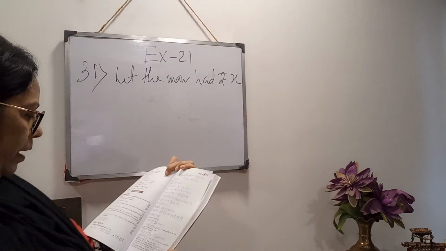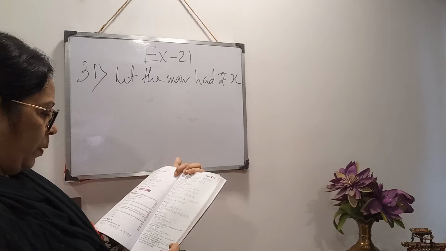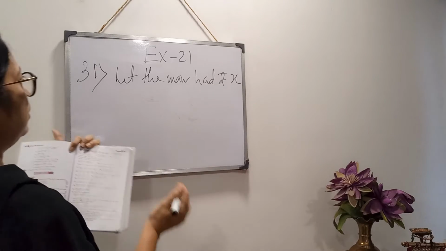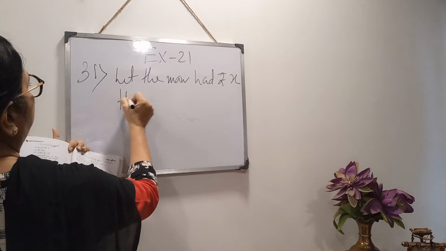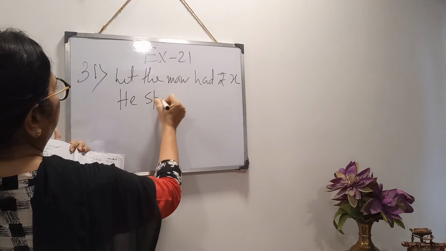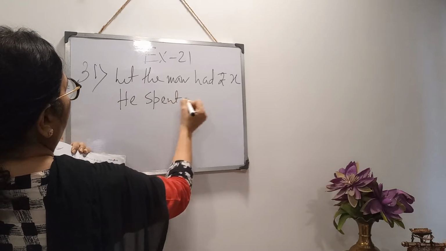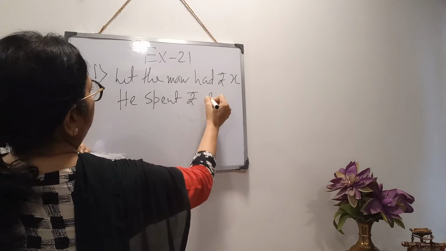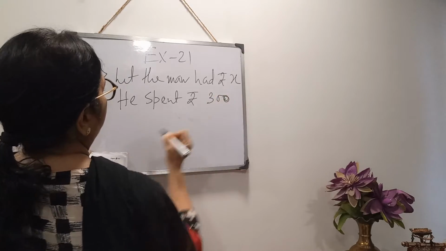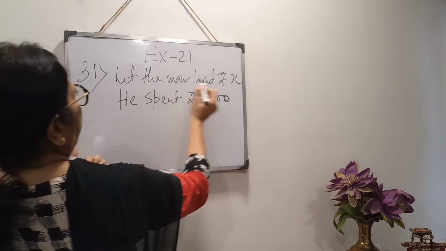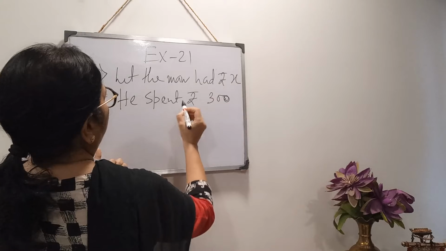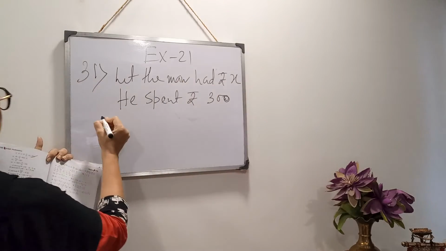And out of X, he spent rupees 300. So he had rupees X. He spent rupees 300.